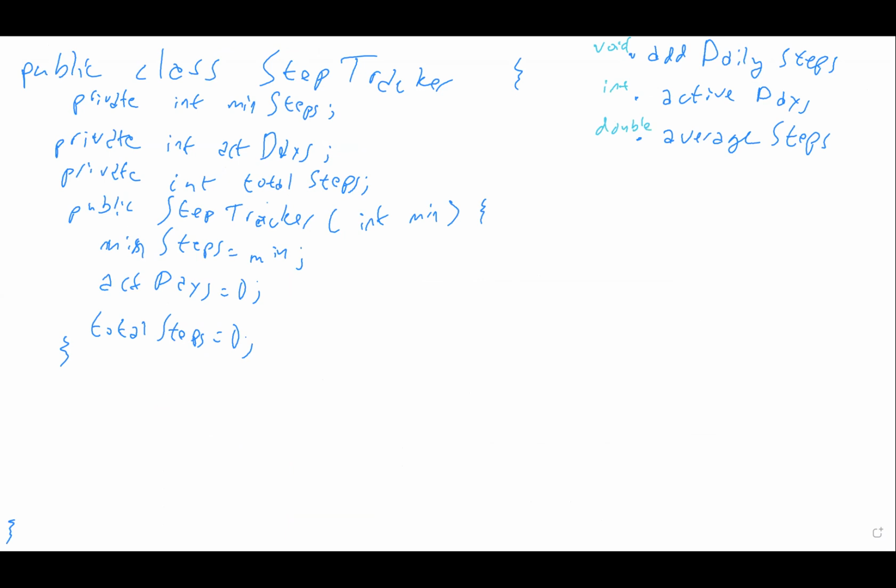So let's go ahead and implement one of those. We're going to have our public void add daily steps, and we're going to get an int steps for our parameter.